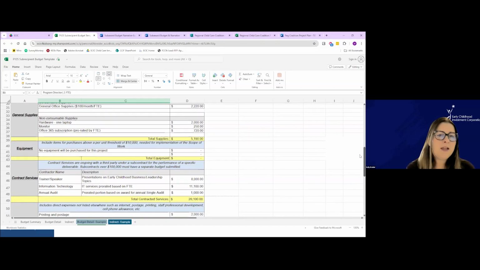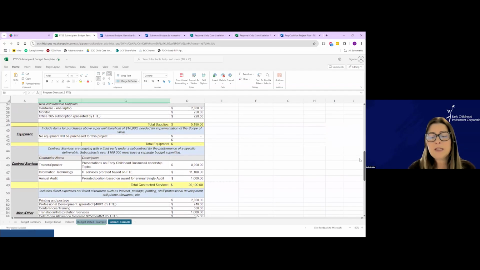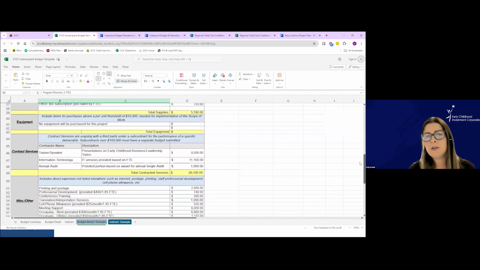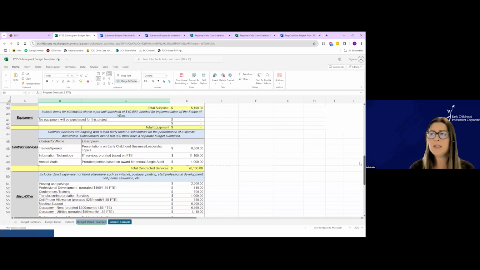For equipment, equipment is a very specific category under the federal regulations. And so we've got the definition here as anything with a per unit cost of $10,000 or more.